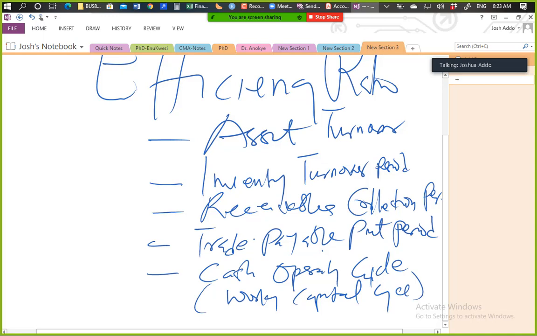So basically, for the efficiency ratios, these are the specific ratios we'll be calculating as a measure of efficiency.